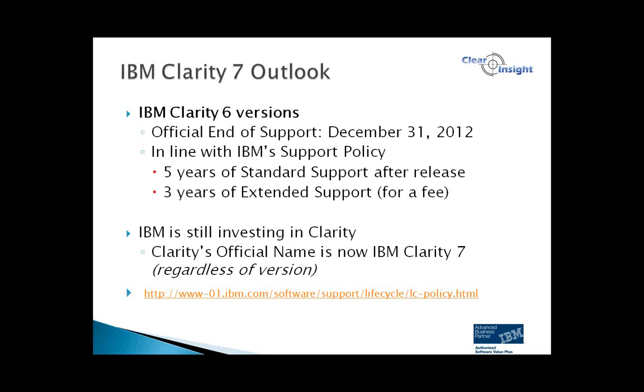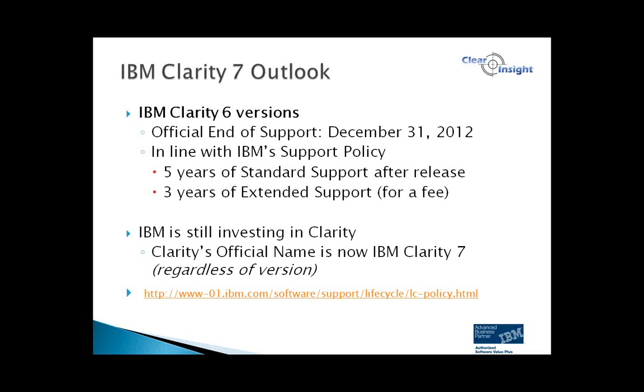IBM is still investing in Clarity, and that's good news for all of us on the call today. IBM is continuing to support the product, and we'll talk about the versions in the next slide. To address what may be some confusion out there right now, you may have heard the term IBM Clarity 7. That is actually the official name for Clarity today. It was Clarity, then it became IBM Clarity, and now it's IBM Clarity 7, regardless of the version.